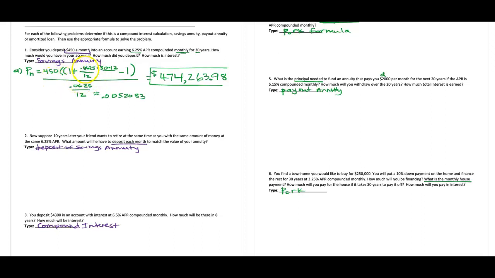So start with the 0.0625 divided by 12. Hit enter. Add 1. Hit enter. Raise it to the 360th power. That's what that 30 times 12 is. Hit enter. Then subtract 1. Hit enter.